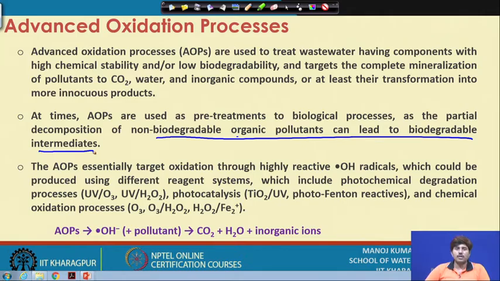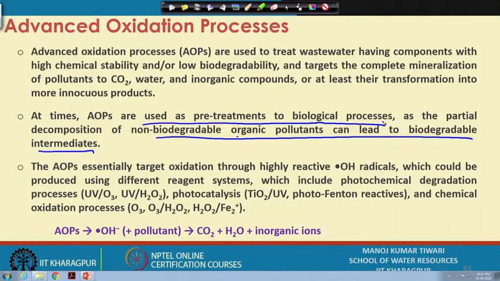That can also be done, and advanced oxidation processes are able to do that, which is why many times they are used as a pre-treatment to biological processes. Particularly in industries, if you have a very complex waste with very high COD but very low BOD, that means there are a lot of organics but non-degradable. What is many times done is, let's say you ozonate that water.